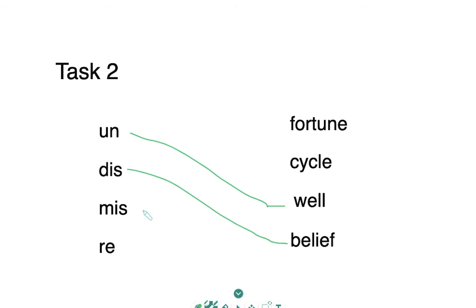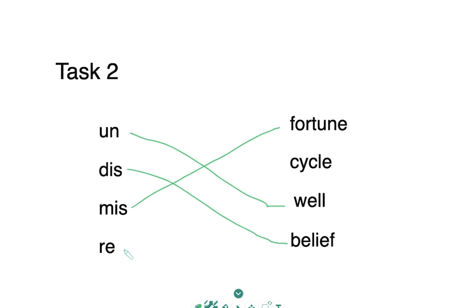The next prefix is mis. We've only got two left. Misfortune or miscycle. I'd say it's misfortune. What does misfortune mean? Fortune kind of means luck, when you get lucky. Misfortune means when you have bad luck, if you're unfortunate. So that makes sense going together. And finally, recycle.